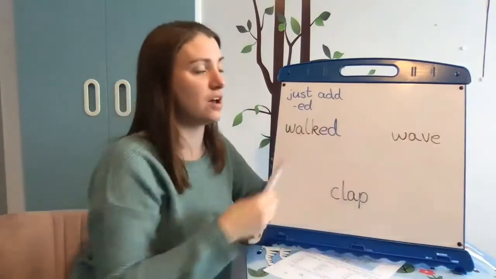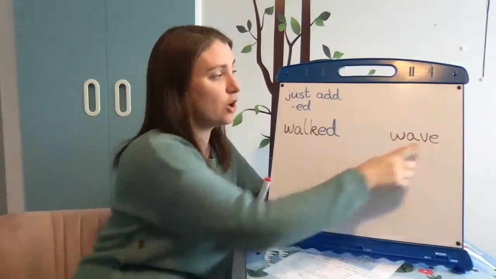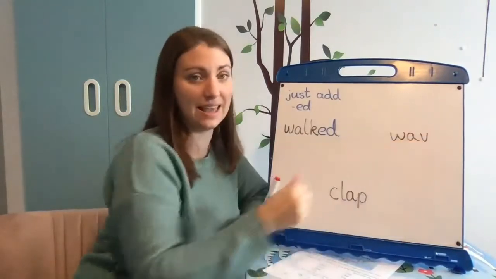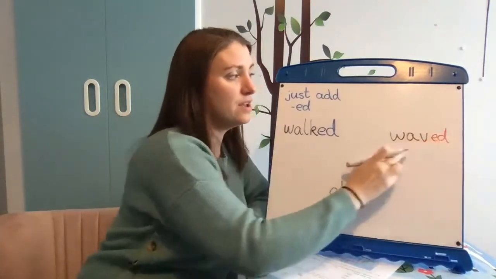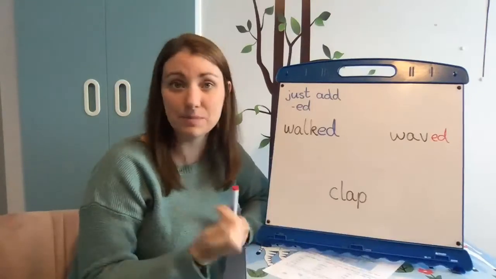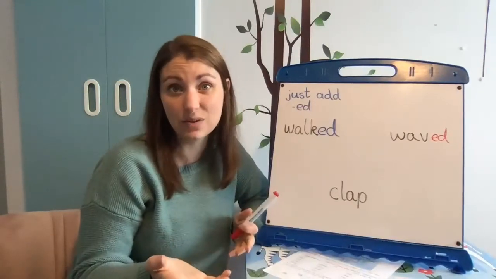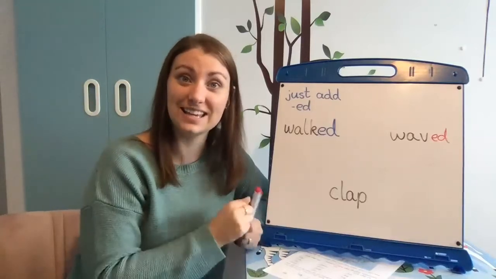For this word, because it ends in an E already, I'm going to be taking away the E and adding an ED. So if a word has an E on the end already because it's a split digraph or it just has an E on the end, we need to take away that E and add ED.